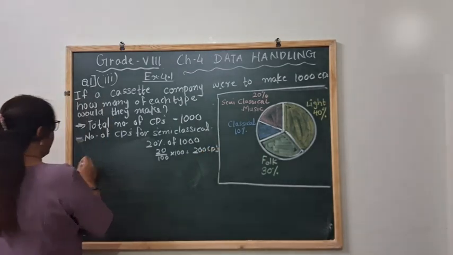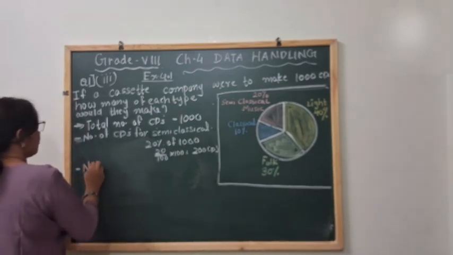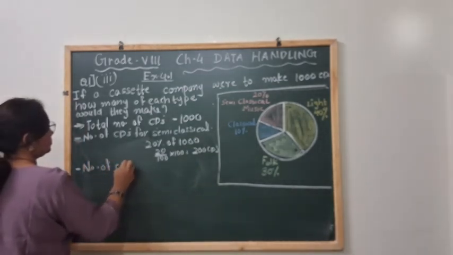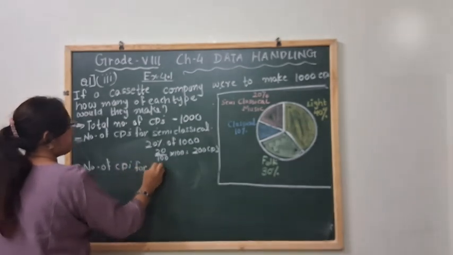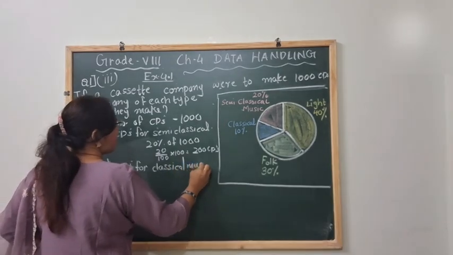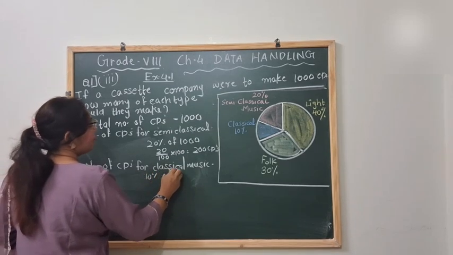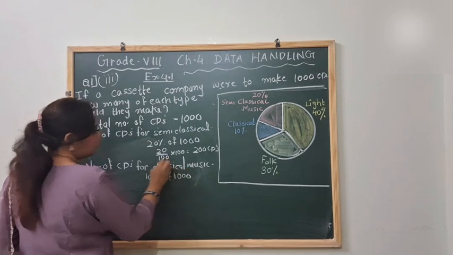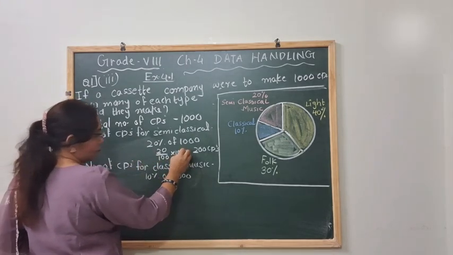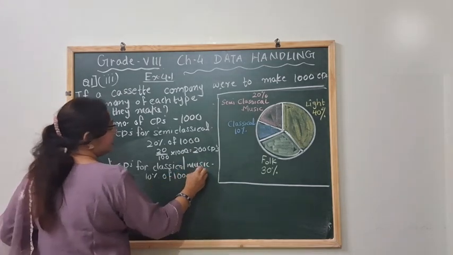Okay, in the same way, number of CDs for classical music would be 10% of 1000. Sorry, students, I wrote 20% of 1000, so make it 1000 here. 10% of 1000 will be 100 CDs.